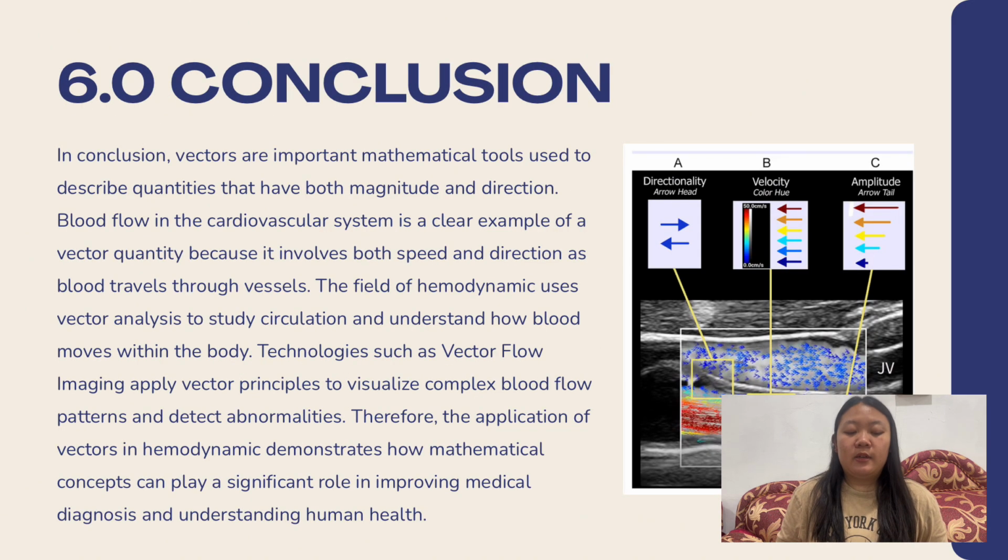In conclusion, vectors are important mathematical tools used to describe quantities that have both magnitude and direction. Blood flow in the cardiovascular system is a clear example of a vector quantity because it involves both speed and direction as blood travels through vessels. The field of hemodynamics uses vector analysis to study circulation and understand how blood moves within the body.